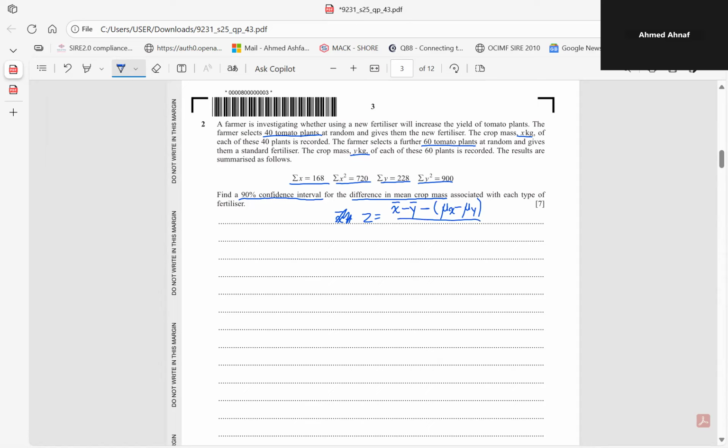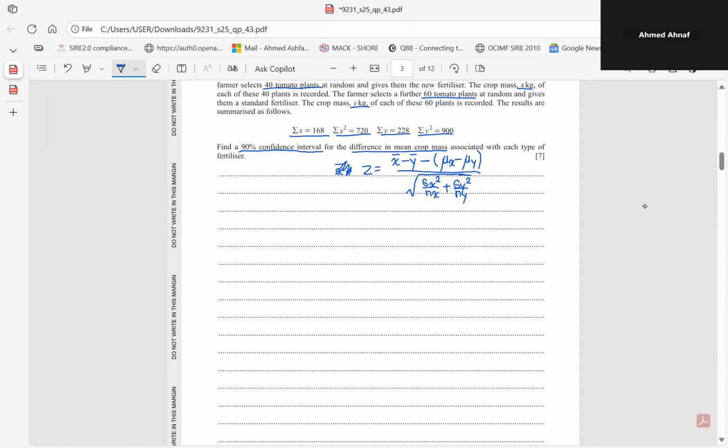The standard error is the square root of the sum of the variances, so in our case, the sample variance of x over the number of x's, which is 40, plus the same for y. So this is the formula. Now we're just going to rearrange for this.